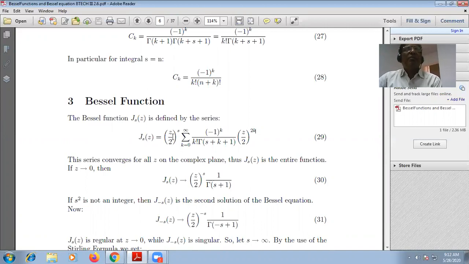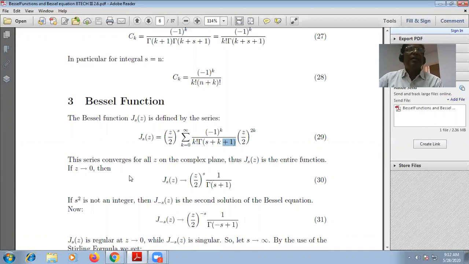J s of z is equal to z by 2 whole to the power s, sigma k equal to 0 to infinity, of minus 1 to the power k, divided by this result, into z by 2 whole to the power 2k.